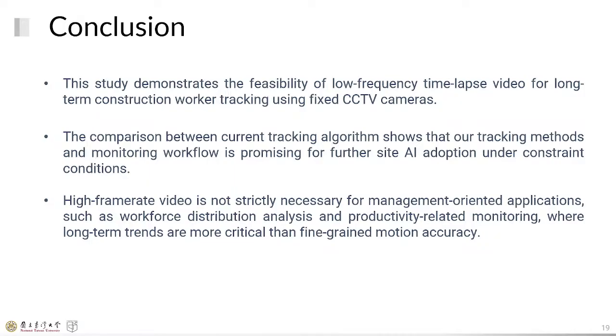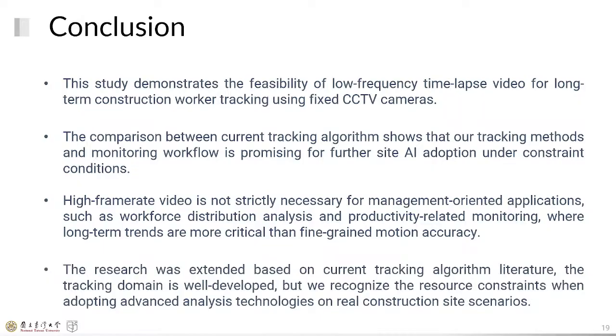So high frame rate videos are not strictly necessary for management-oriented applications such as workforce distribution or productivity-related monitoring, where long-term trends are more critical than frame-level motion accuracy.